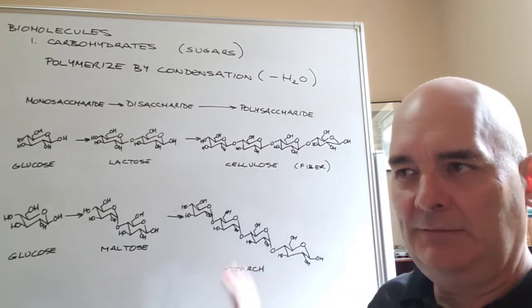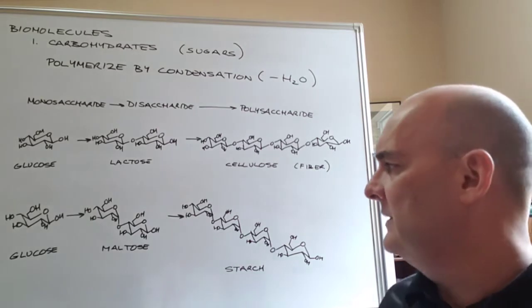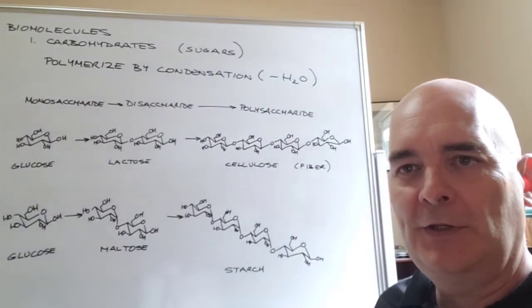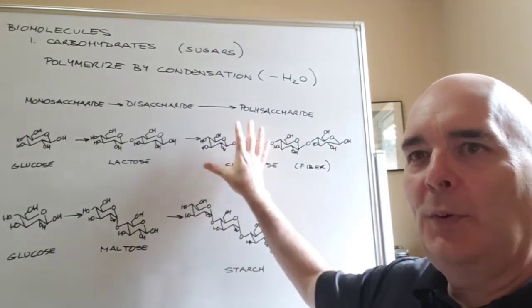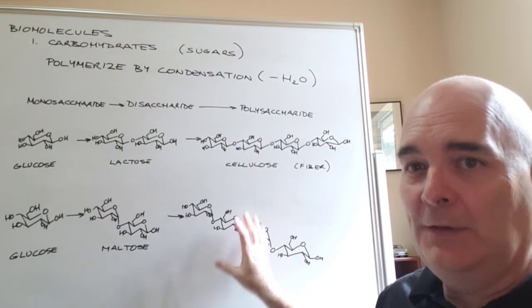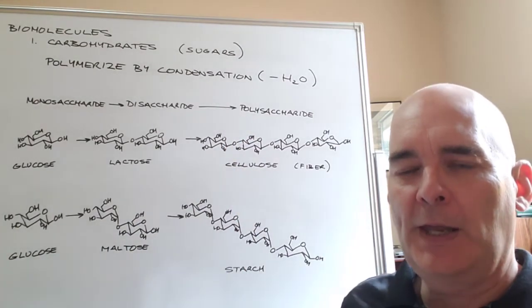And starch, you find that in potatoes. This is globular and is edible, can be metabolized by humans. So very important, again, shape being the important factor between two completely different functions in the plant world.